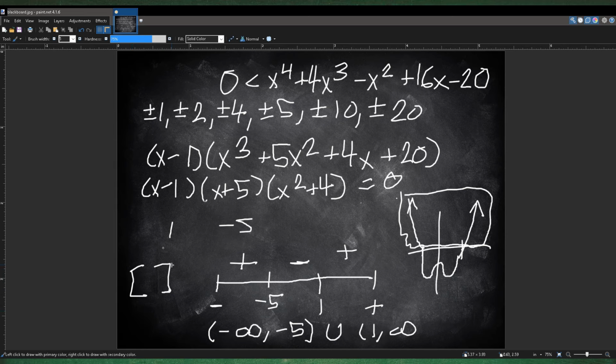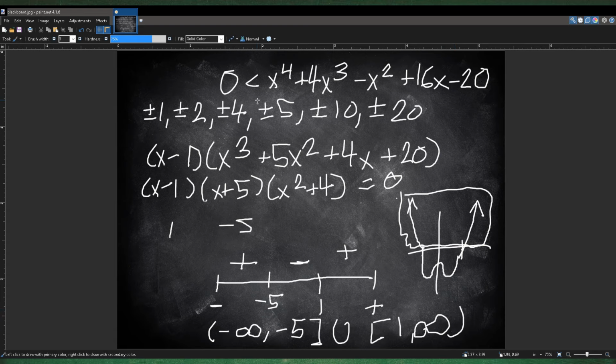So what this tells you is, let's say this is greater than or equal to 0, then you have to write the answer as -5 bracket union bracket 1 comma infinity. Because these curve brackets say that the number at the end does not count. For infinities, it's always going to be a curve.